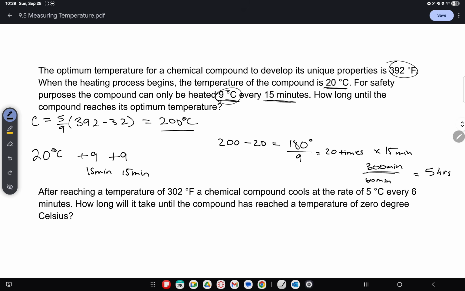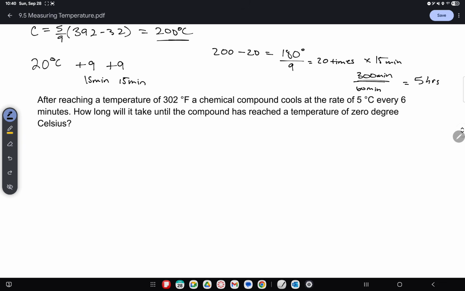I want to be able to say, oh, okay, it's 1 o'clock now, it's going to take 5 hours, should be done by 6. So 300 minutes is fine to leave as an answer, or you can convert it into a nice usable or understandable number. So let's see if we can do another one here.